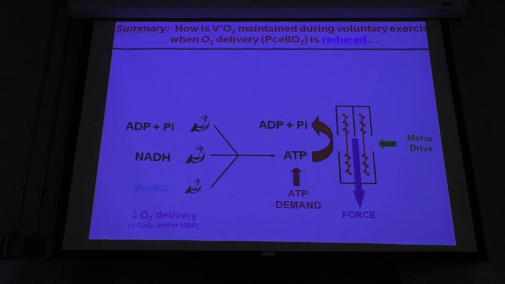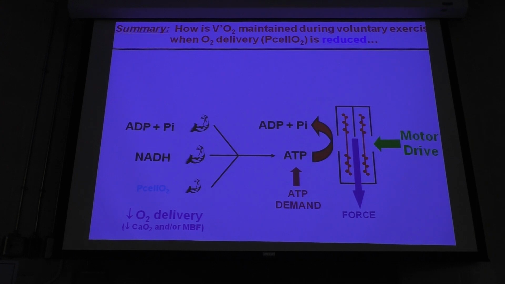So, during voluntary exercise, if you decrease intracellular PO2 by compromising oxygen delivery, by either decreasing arterial oxygen content and/or compromising muscle blood flow, cardiac function, microvascular function, whatever it is, you have to increase motor drive. You've got to recruit more motor units. You've got to drive that muscle harder. You have to electrically activate the muscle.